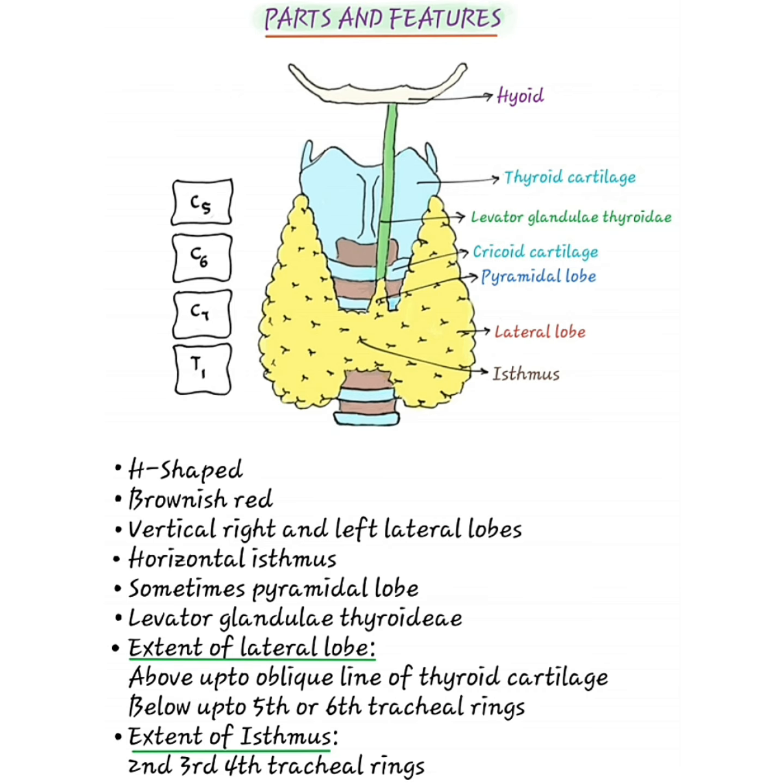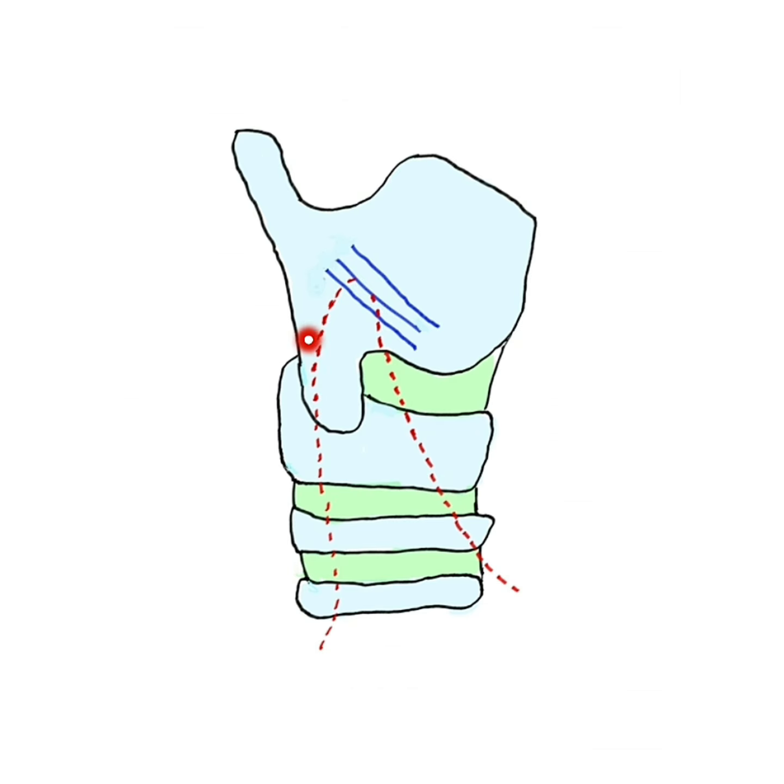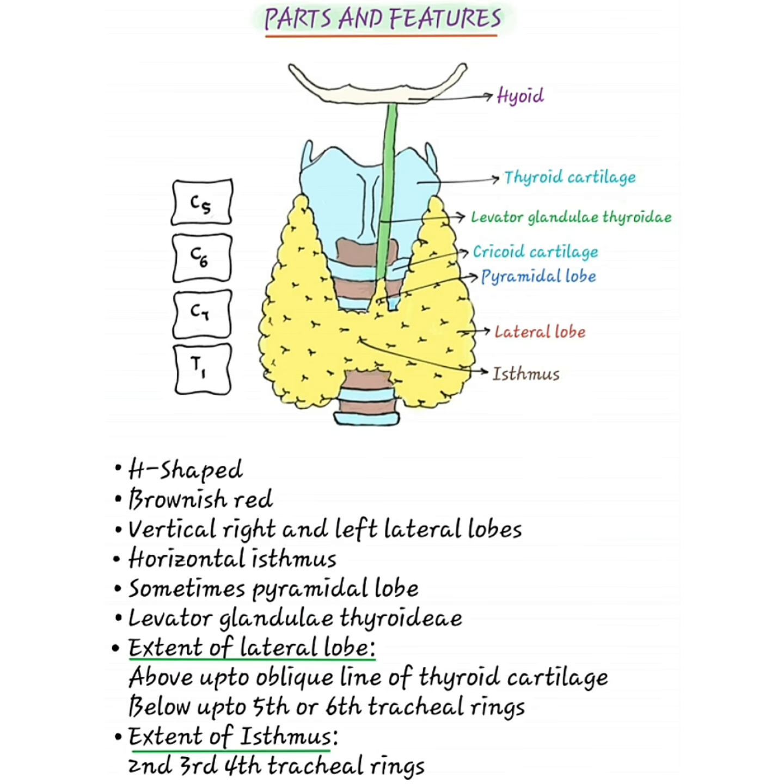Extent of lateral lobe. It extends above up to the oblique line of thyroid cartilage. Below it extends up to the fifth or sixth tracheal rings.